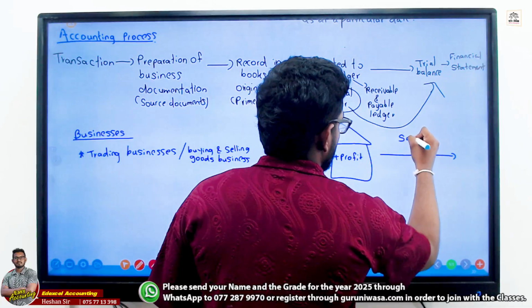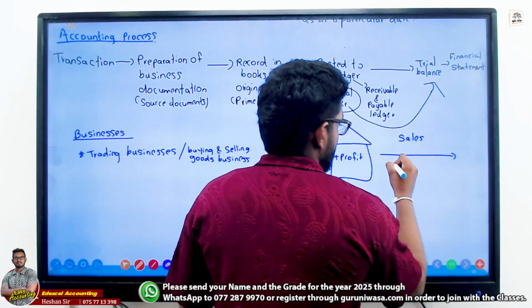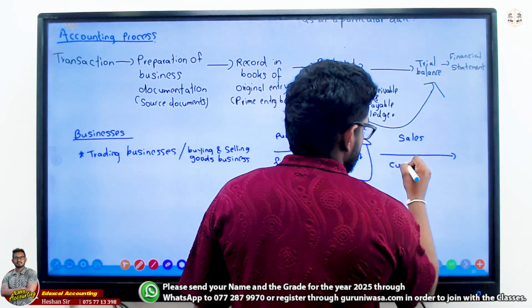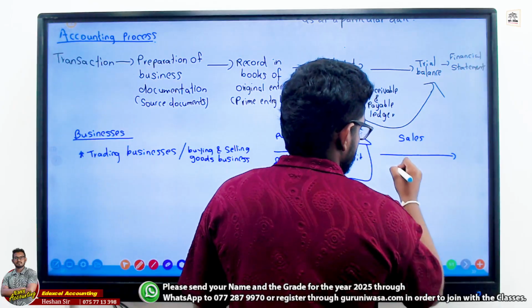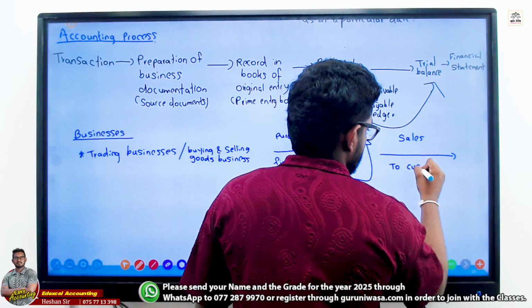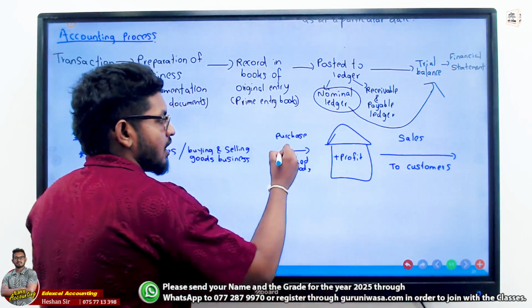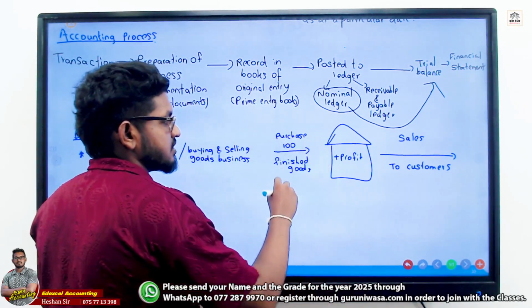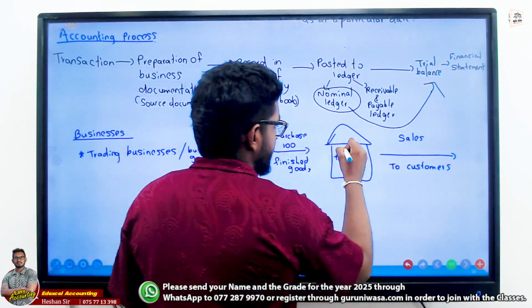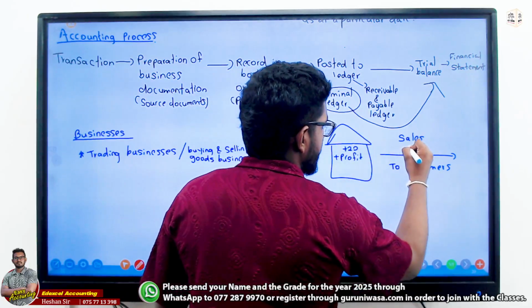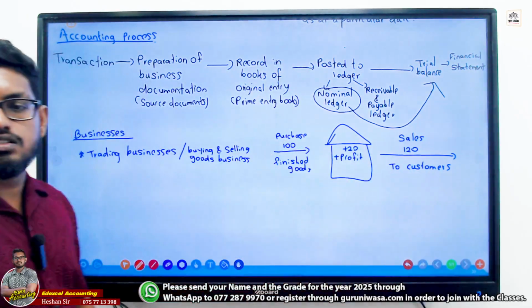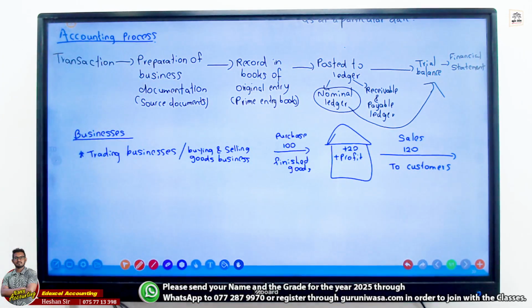They sell to customers. Think like 100 worth of goods purchased. These are finished goods, adding like 20 profit and selling for 120. Understand? Just only buying and selling.